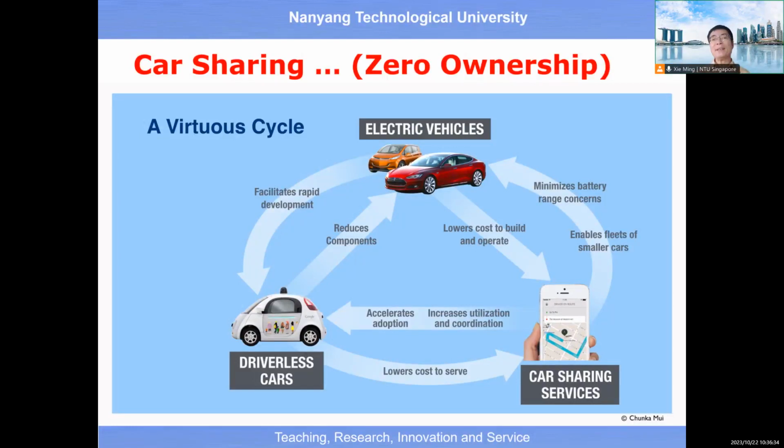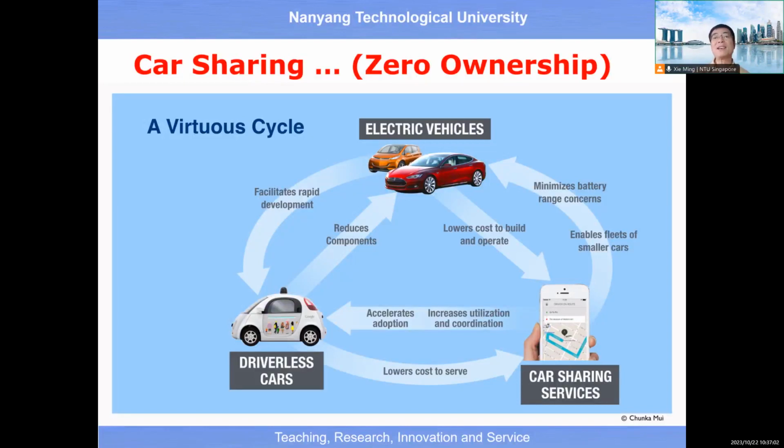Okay, so zero ownership and zero pollution should be very interesting objectives for us to achieve in our modern life, right? So besides these two objectives, the third objective which could be achieved with the help of AI system or AI product should be zero accident, right?